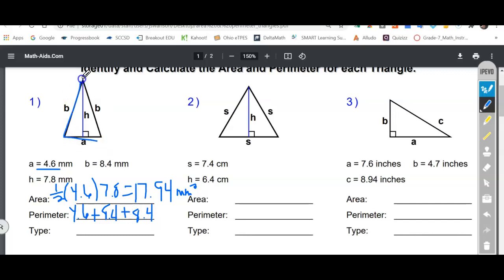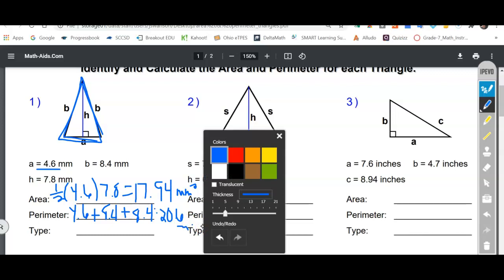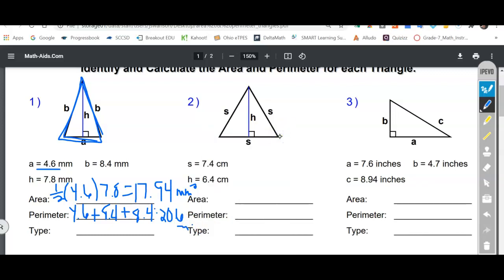We're measuring the distance around the outside. So what do I get when I add those all three together? What'd you get? 20.6? 20.6, and that is just millimeters now. Oops. Millimeters, not millimeters squared. Okay, what type of triangle is this?